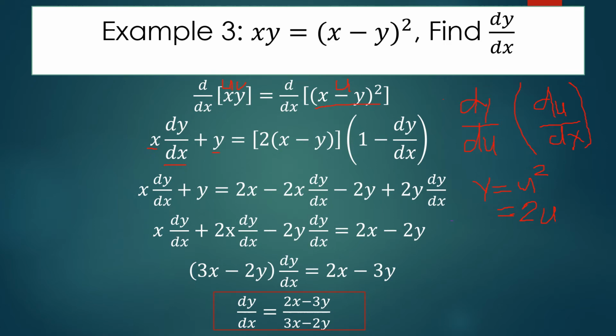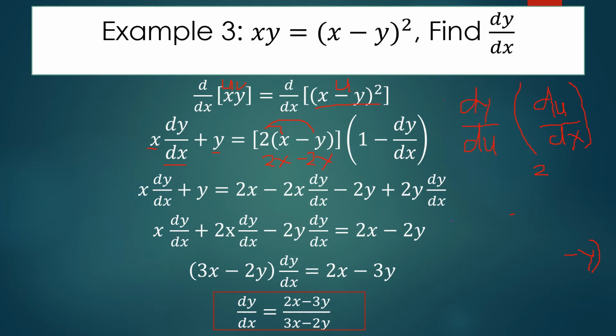So substituting the value of u, we have 2 times x minus y. So ito na siya. We have 2 times x minus y. Okay, so we have 2 times x, we have 2x, and 2 times negative y, we have negative 2y.